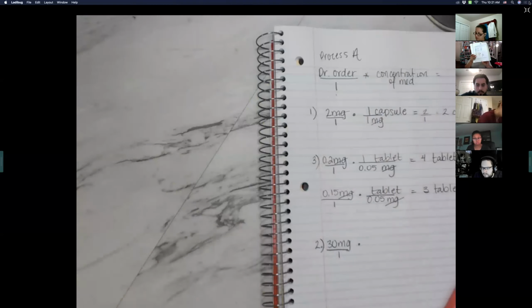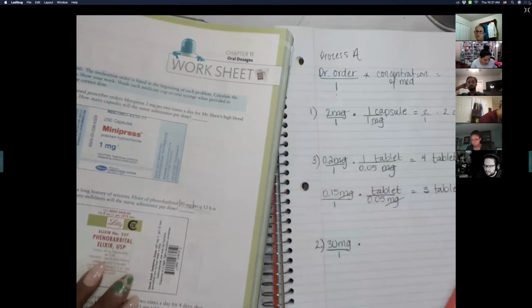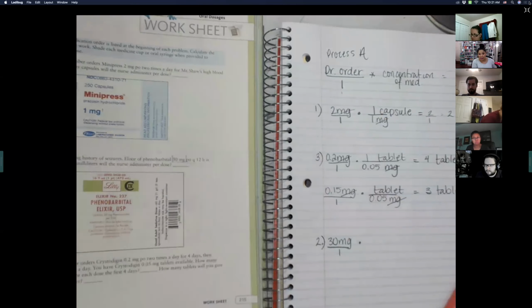Let me see. Can I get it? Can you see up here in the Zoom? Way somewhere on that label, right there in the center. 20 milligrams? It's 20 milligrams per 5 milliliters. So this is me trying to make a point to you guys.